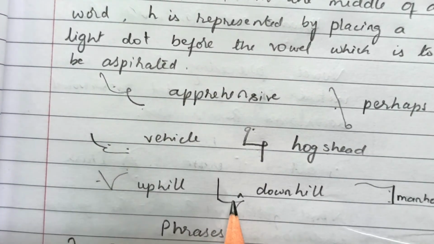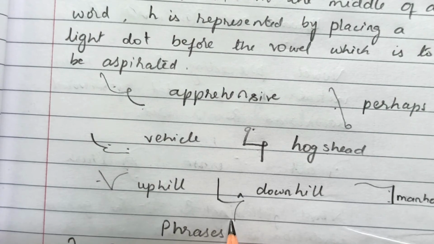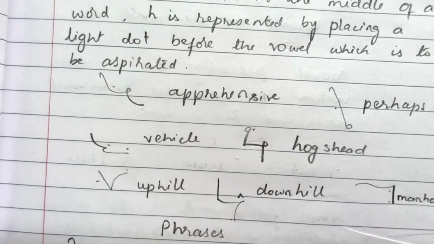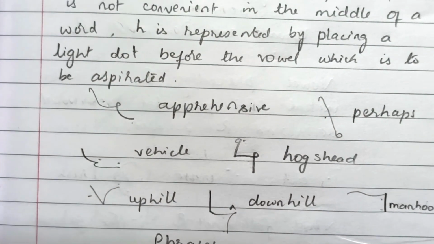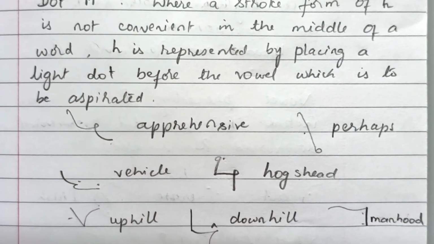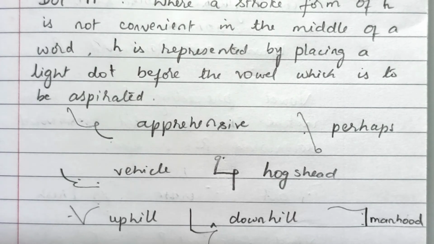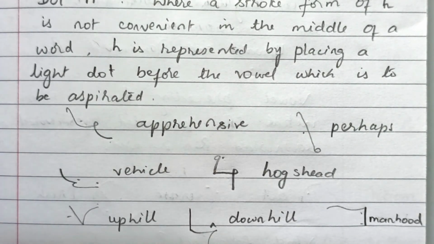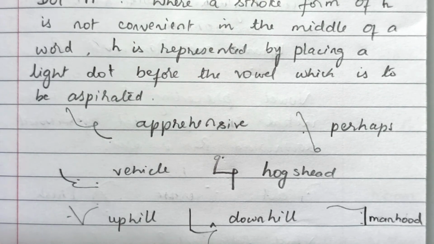Uphill, downhill. Manhood. So in this way, we can make use of H in the dot form also. So H upward, downward, and also the small tick and with a light dot.